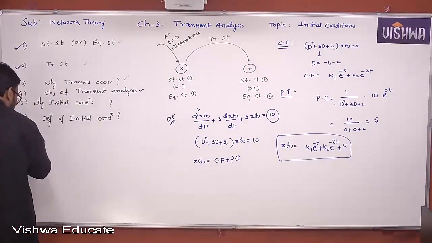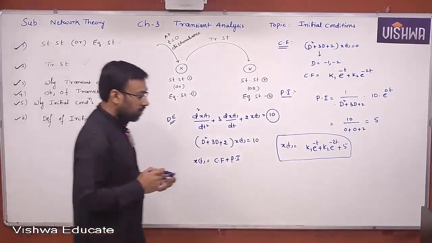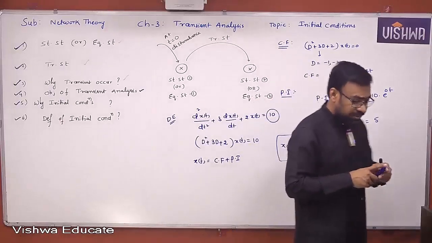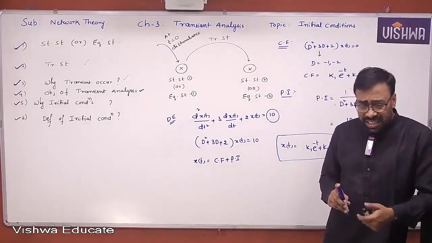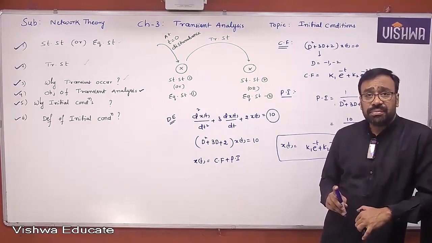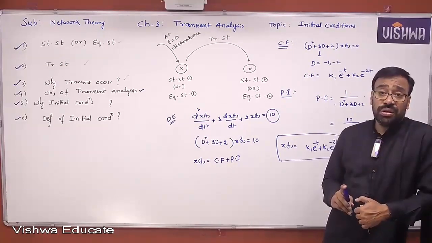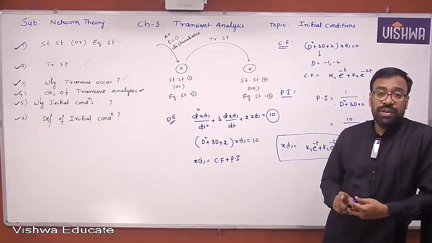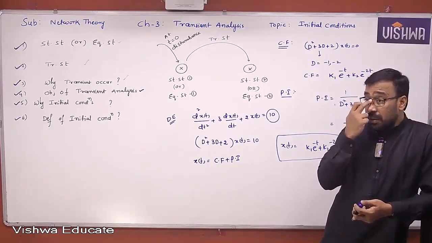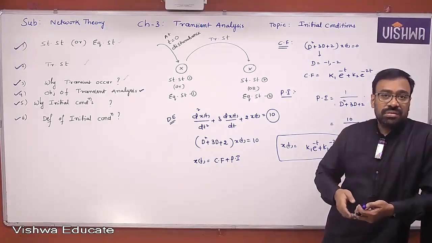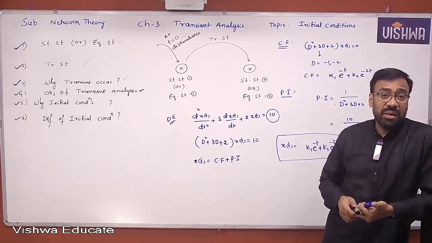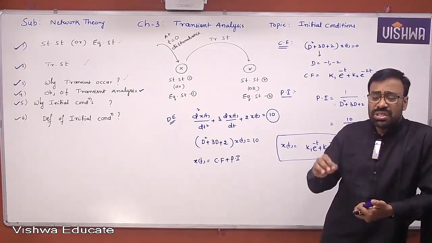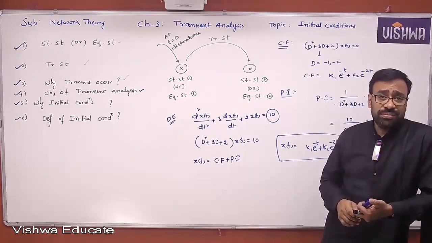How do you define the initial conditions? Generally, when you sit in a mathematics class, the mathematics lecturer will give you a definition: all the conditions before the disturbance takes place in the system are called initial conditions.